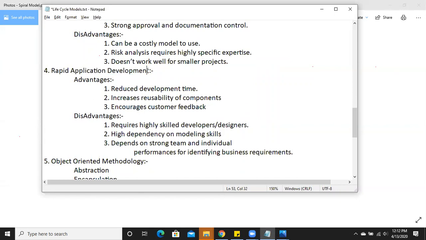Now as you can see, the first advantage is reduced development time. When there is a requirement of reduction in development time, because it is a requirement of the client, right? He has to build his software in a very short span of time. So when there is a requirement like this, we will use this kind of model, rapid application development.